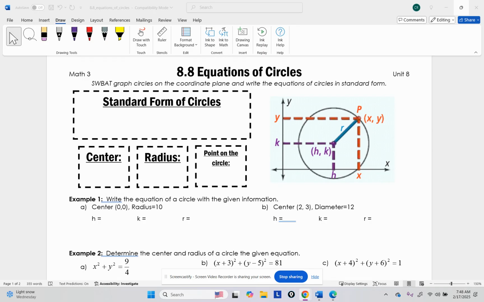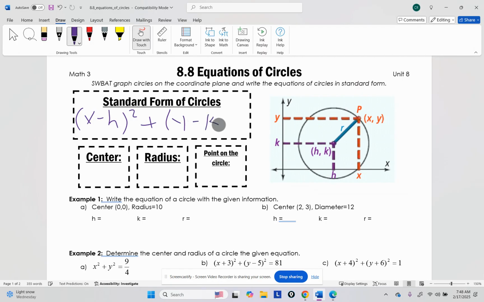So you have your standard form of equation, which is x minus h squared plus y minus k squared equals r squared.